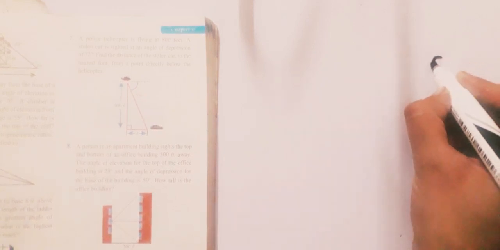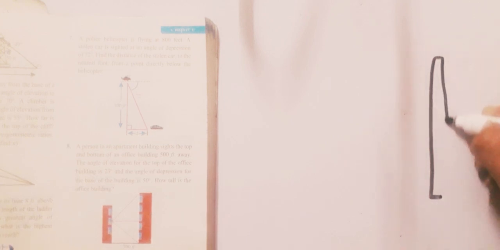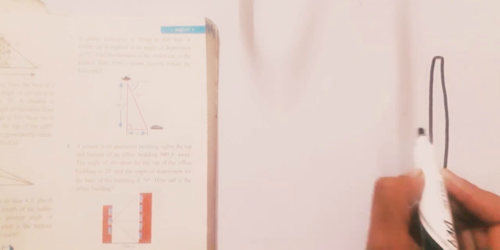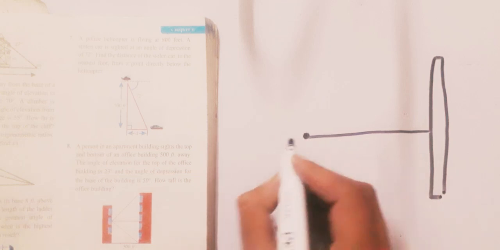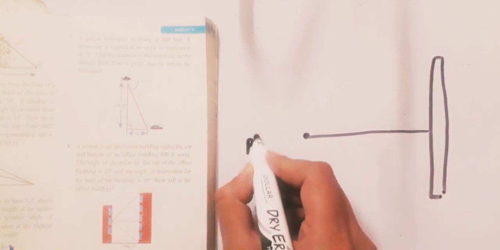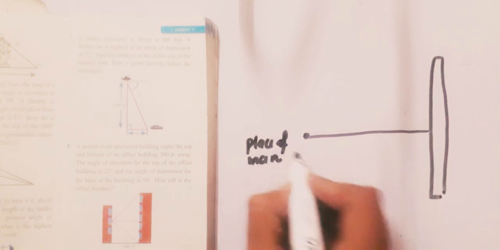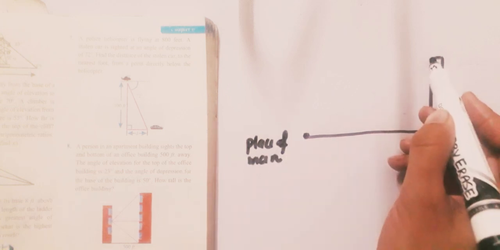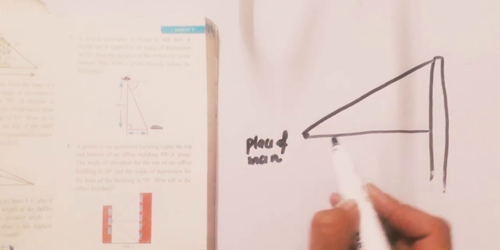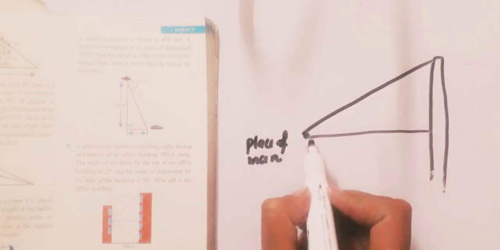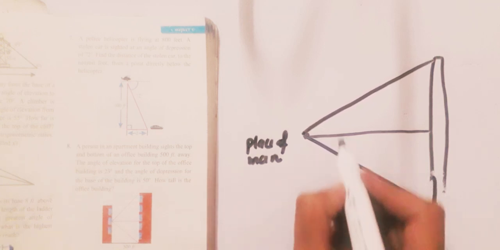Let's suppose this is the building of the office and this is the place of the man. From this place two angles are measured.